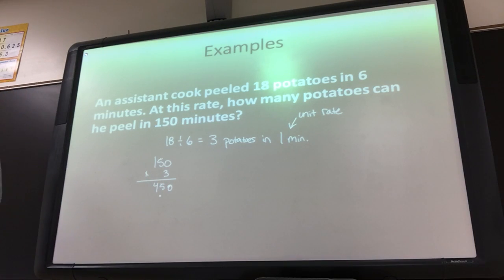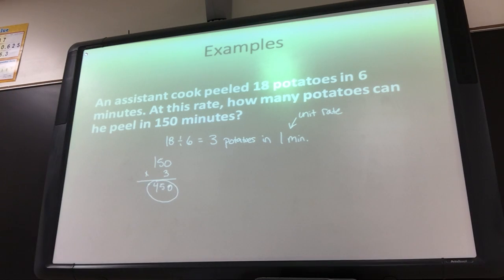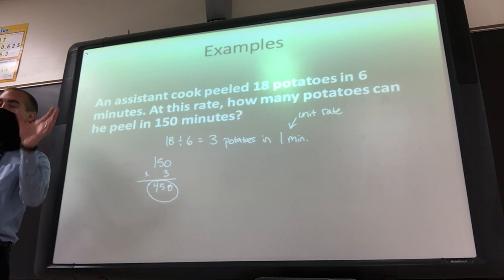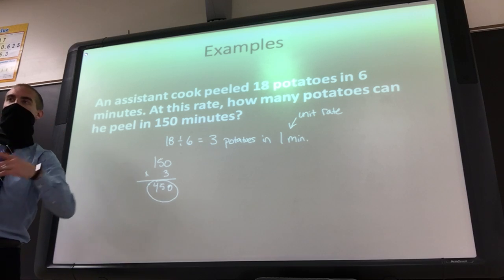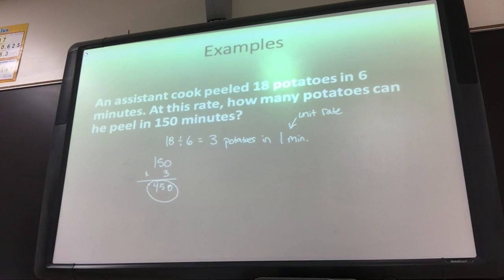And we get 450. So a question like that, it's actually a unit rate question, but we've already done it quite a few times. You divide the first two to get the unit rate, how much it is in 1 minute, and then multiply the unit rate by 150 to get 450 potatoes. That's a lot of potato peeling.